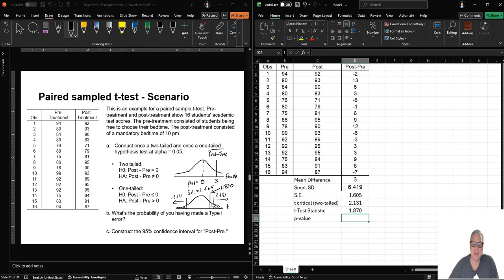So now in a two-tailed test, I would like to know what is actually the area to the right of 1.87. So then I can use the command T.DIST. But now I say negative 1.87, because I want the area to the right of 1.87, which is the same as the area to the left of negative 1.87, if we have 15 degrees of freedom, and I want it cumulatively.